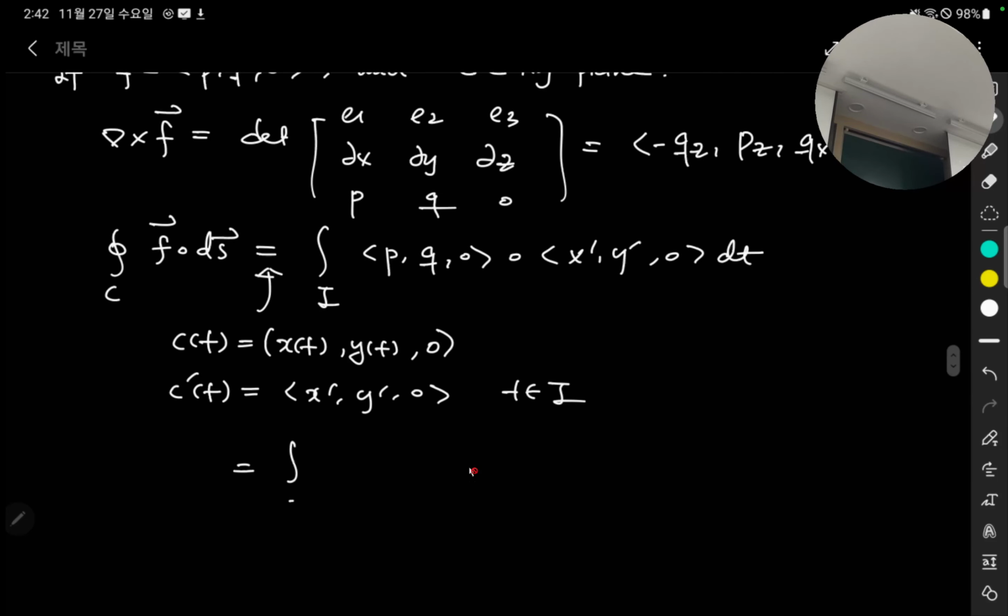I'm just following the definition here. That equals the integral over I of P x prime plus Q y prime dt, so it's the same as P x prime dt plus Q y prime dt.